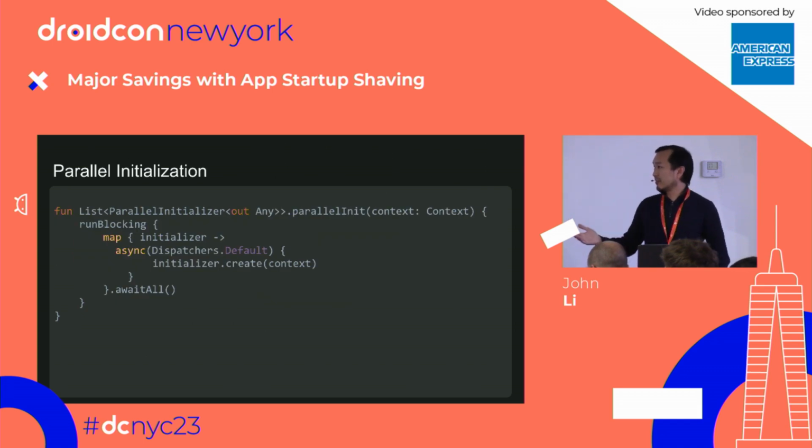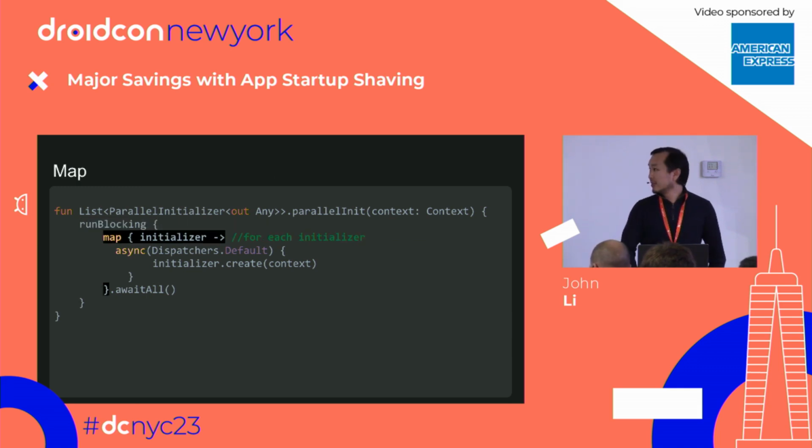OK, so let's look at the code itself. This is an extension method for a list of parallel initializers. We call parallel init, pass in the context. That's the function signature. Let's go through this line by line to simplify things. Run blocking means we'll run the main thread, hypothetically the main thread.